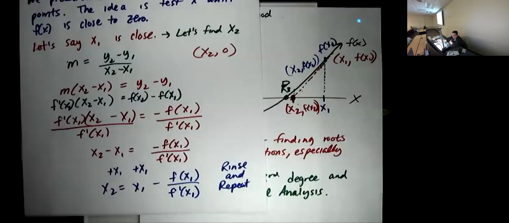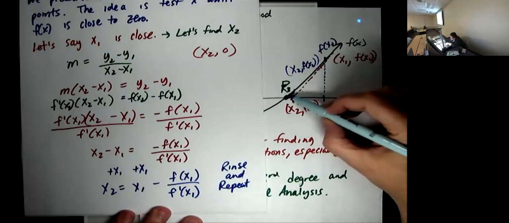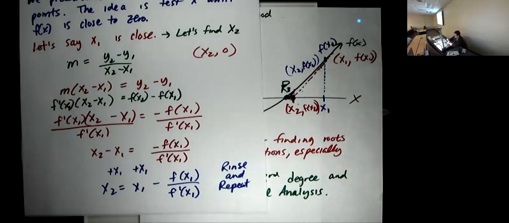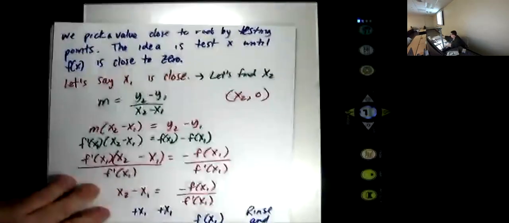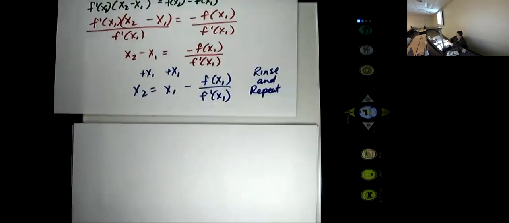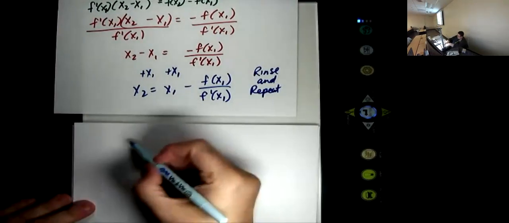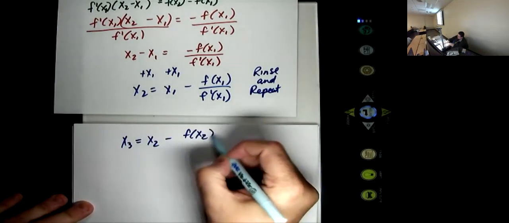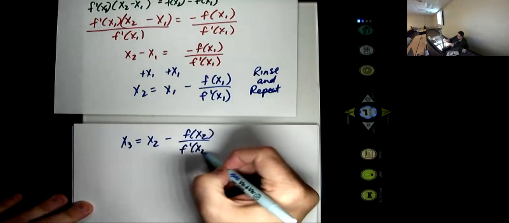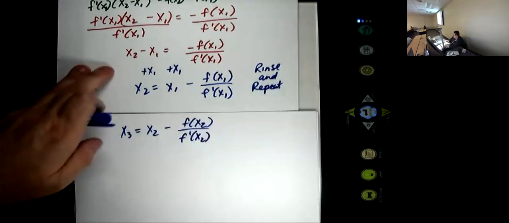I don't know why I zoomed in that much. That was crazy. And we'll follow that one in. And we slowly get closer and closer and closer until we have our root. But x3 would look like x2 minus f of x2 over f prime of x2 if we did the derivation for it. And we could keep going.